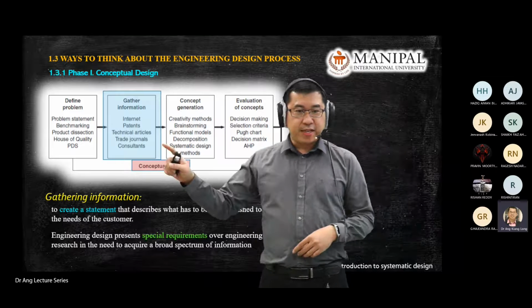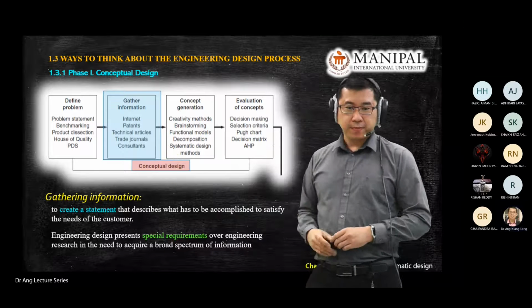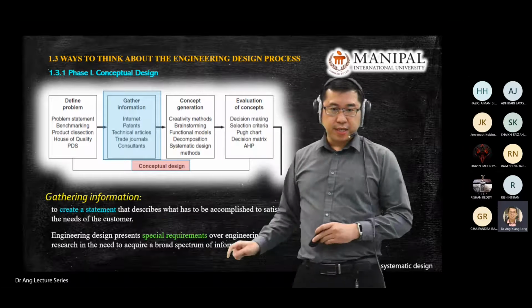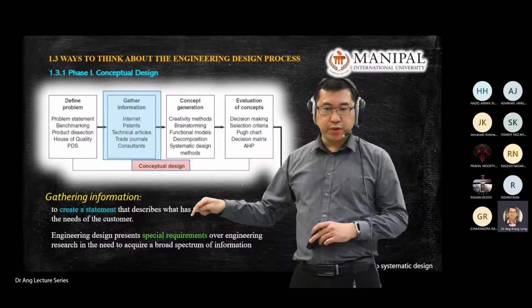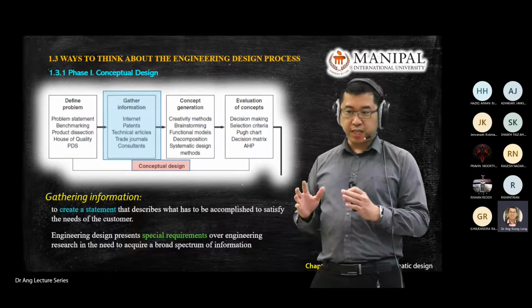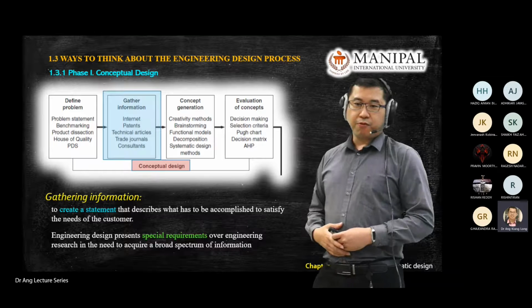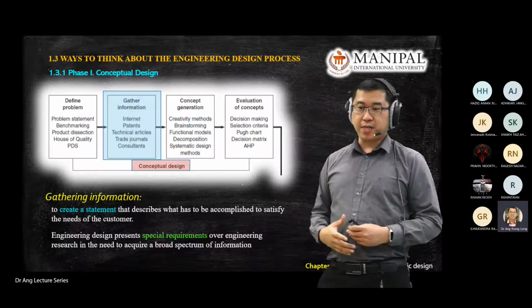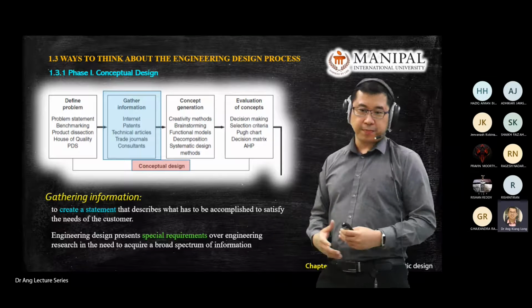When you're at the gathering information stage, you have to start focusing on the engineering design that has special requirements. What I mean by special requirement in your case: for Capstone Design 1, you need to come up with a conceptual design of the go-kart.